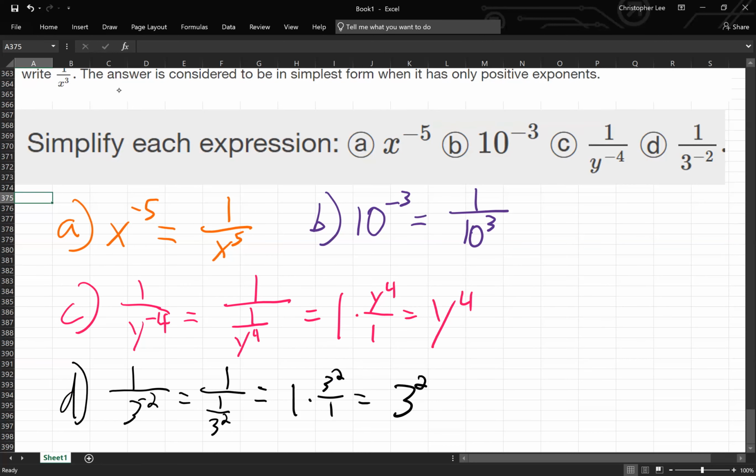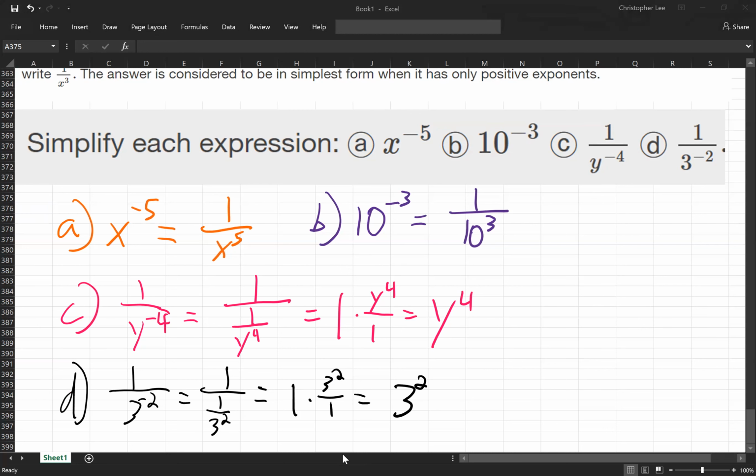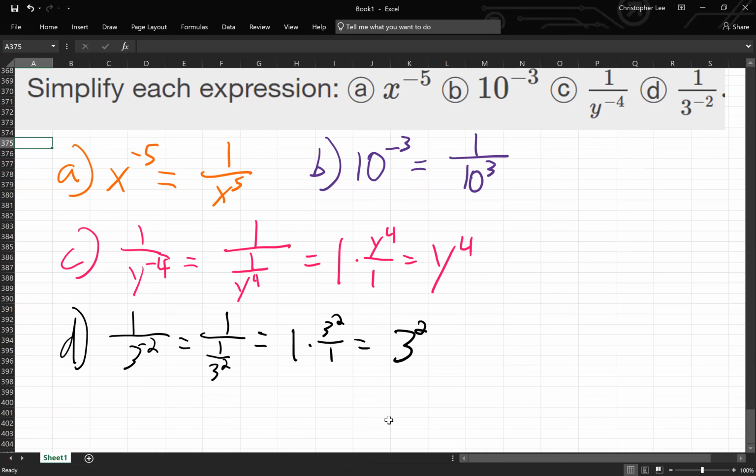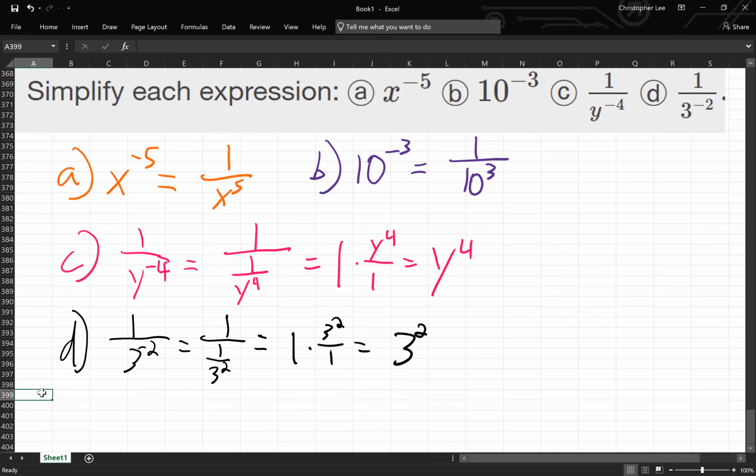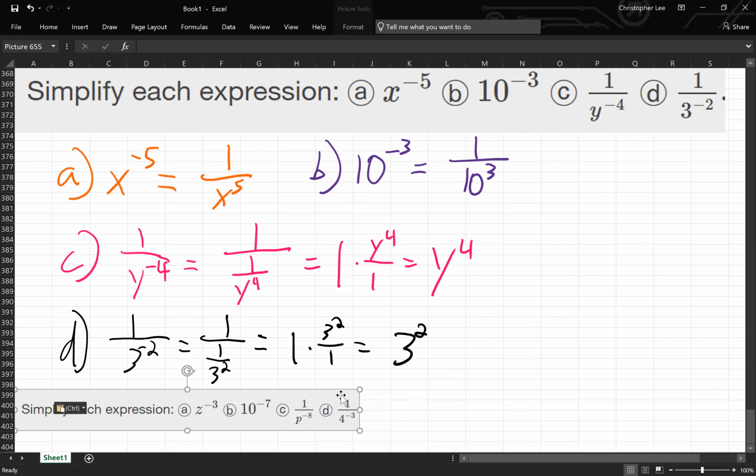Questions on this? All right, let me let y'all try one. This one was kind of tricky, so let's try that out.